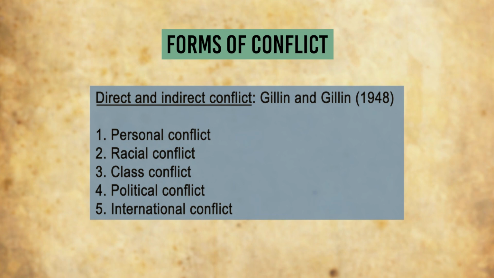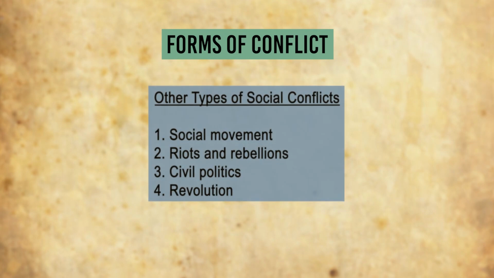Gillen and Gillen in 1948 talks about 5 types of conflict: personal conflict, racial conflict, class conflict, political conflict, and finally, international conflict. There are also other types of social conflicts like social movements, like riots and rebellions, civil politics, and revolutions.